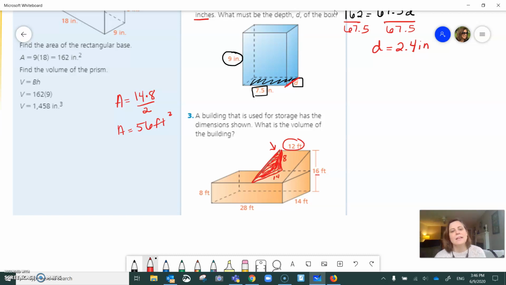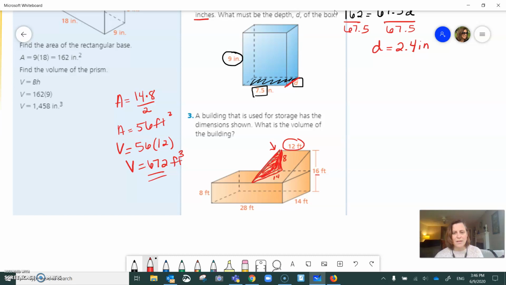Okay. So the volume of that part of it is going to be the area of the base times the height, and in this case the height is on its side. Don't let that creep you out. 56 times 12 is 672 feet, and because it's volume, that's how many cubes it takes to fill it, so that's feet cubed.